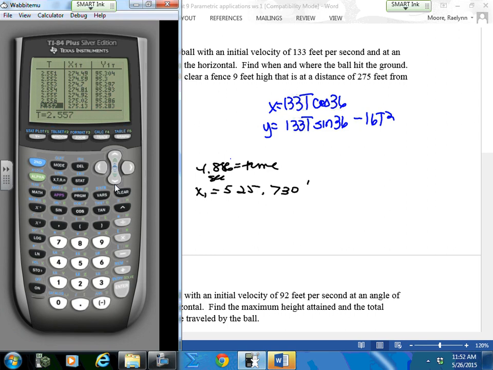And this is what you're going to have to give me. You're going to have to say, here's my time. Here's my X distance. I'm 275 feet away. And my Y distance is 95.283. So my ball is 95 feet high. Did I clear a 9-foot fence? Yes. I cleared the 9-foot fence.